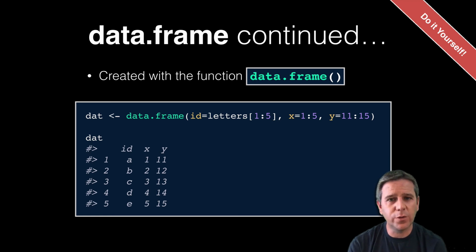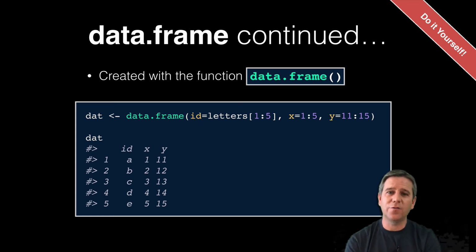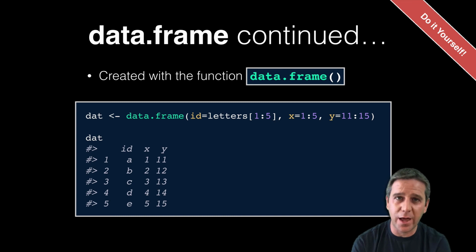So data frames can be created manually, and we rarely do this, but I'm showing it for completeness with the function data.frame. So here I'm asking the function data.frame to create a little data frame with 3 columns. The first one's going to be called ID, and it's going to have the first 5 letters of the alphabet taken from this inbuilt vector of alphabetical characters that comes ready in R. You can have all the letters of the alphabet if you just type letters, and I'm accessing the first 5 letters.